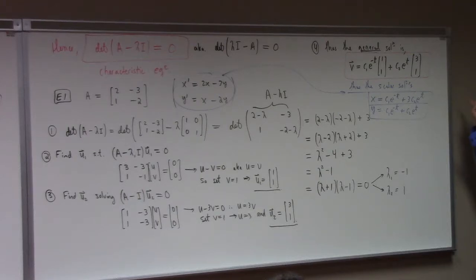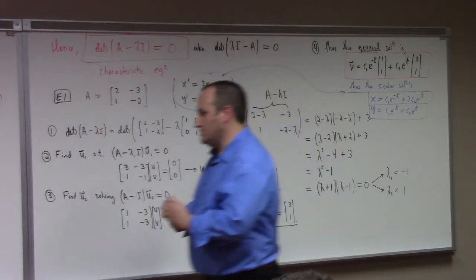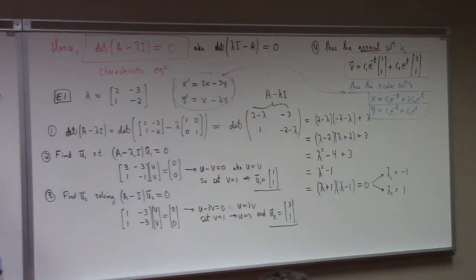Now, when is this not going to work? You're like, it always works. We're done for today. Good job. No, not quite so simple. Here, let's look at another example for a little bit more.